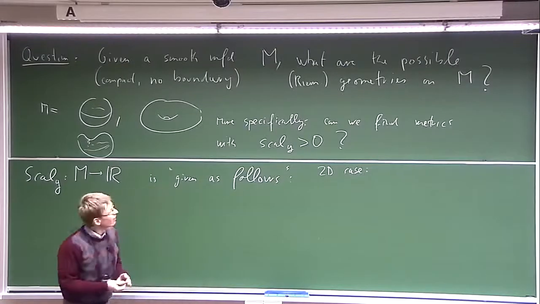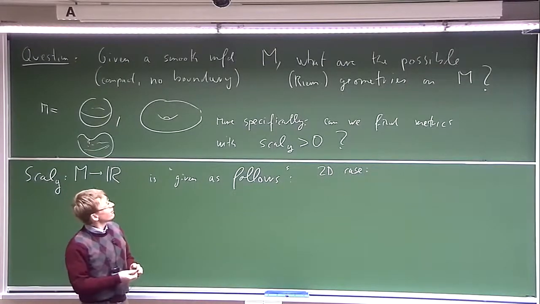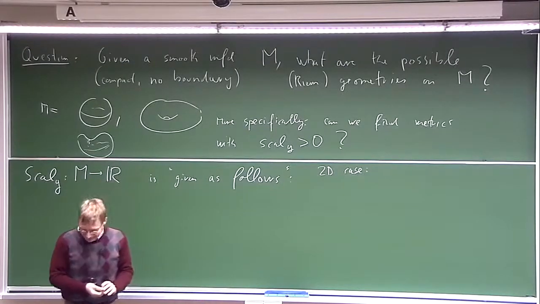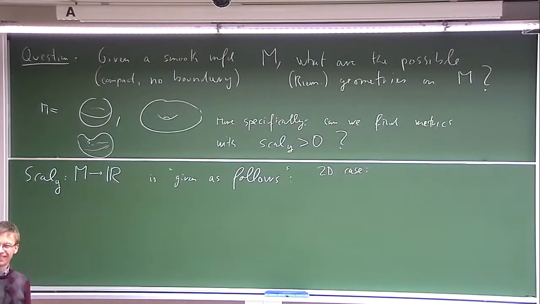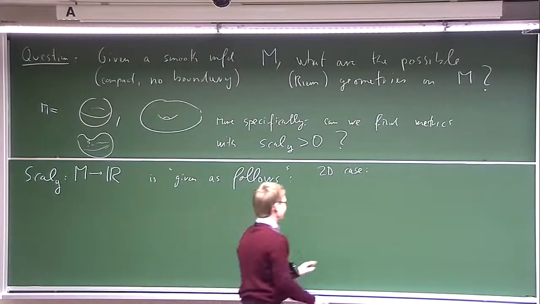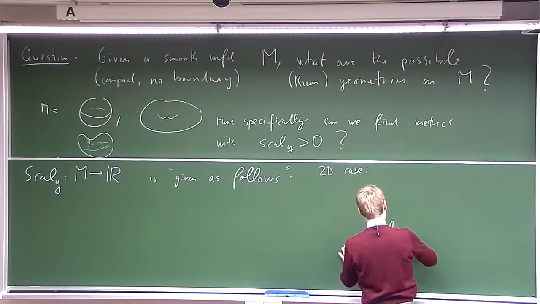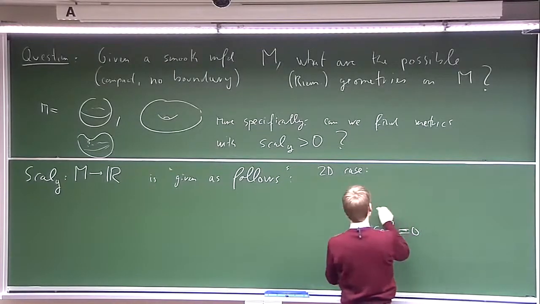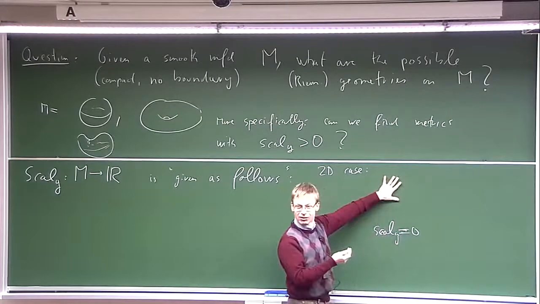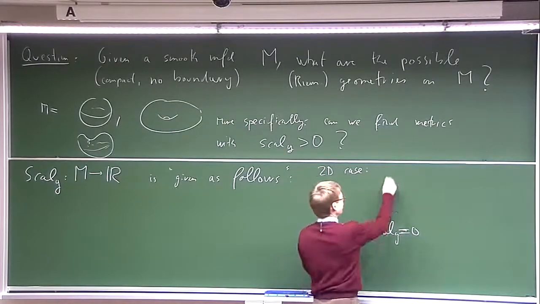So how does a flat two-dimensional manifold look like? Flat, okay. If it's equal to 0, it's hard to draw because it's already there, right? That's the flat case.